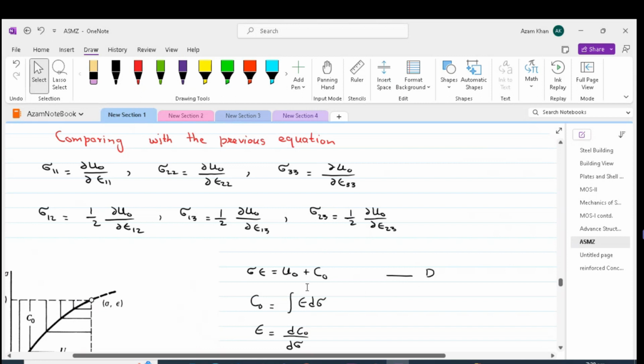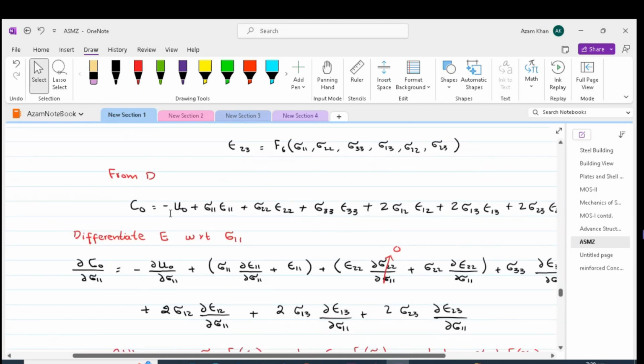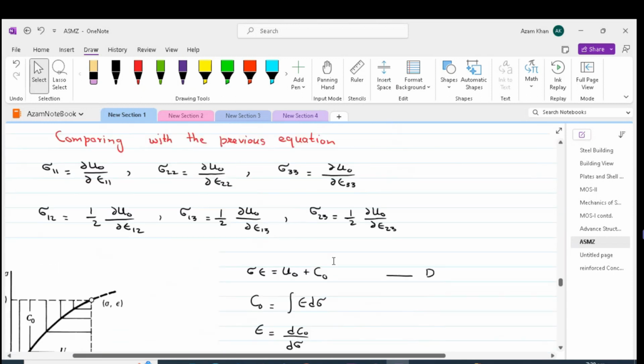From expression D, we can work out the value of C naught by taking the internal energy to the other side. So C naught is equal to minus U naught, plus the product of stress and strain corresponding to all components.